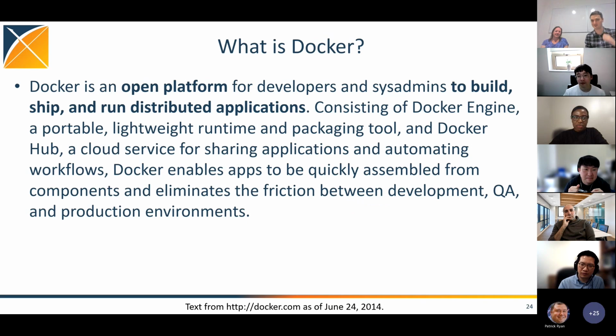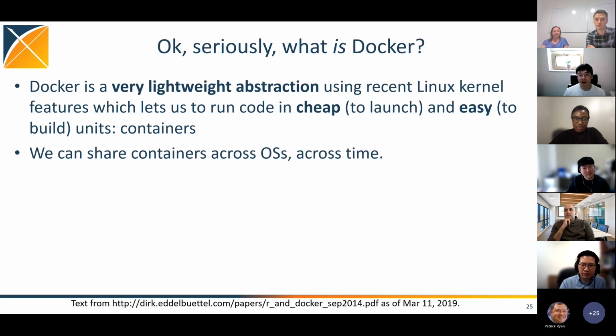Docker is an open platform for developers and sysadmins to build, ship, and run distributed applications, consisting of Docker Engine, a portable lightweight runtime and packaging tool, and Docker Hub, a cloud service for sharing applications and automating workflows. Docker enables apps to be quickly assembled from components and eliminates the friction between development, QA, and production environments. Okay, seriously, what is Docker?